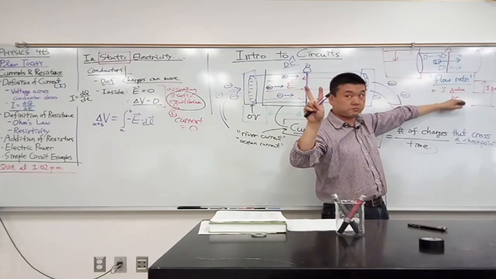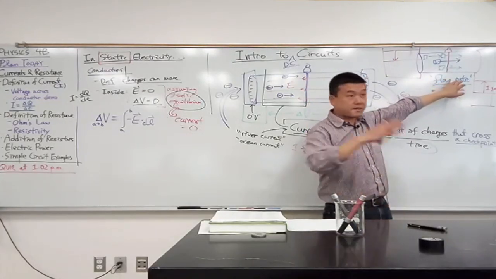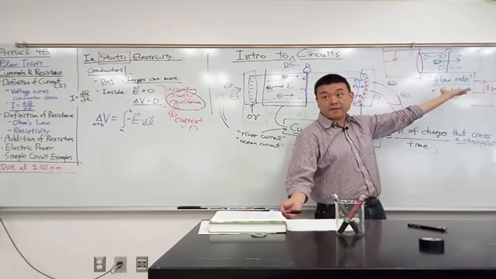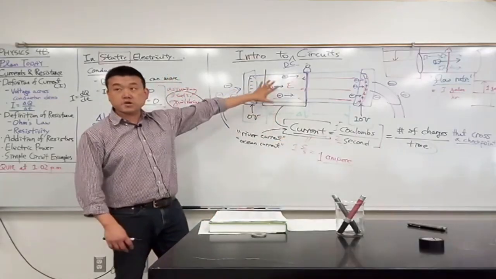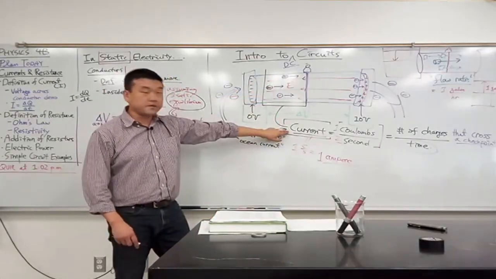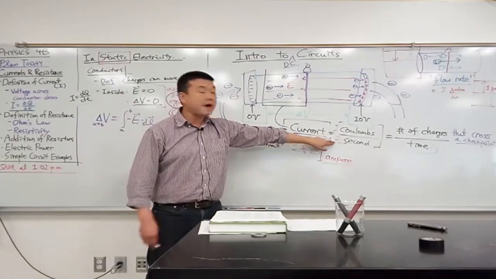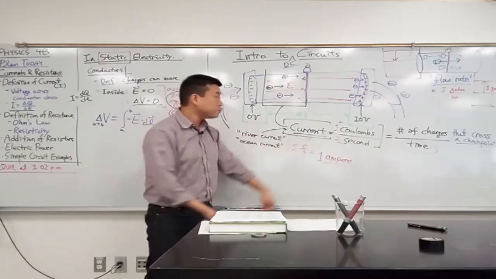Miguel? It's the basic idea of how we define the rate. And if we say that the rate is constant, then it doesn't matter if you measure for 10 hours. So coming back to this picture, we are going to set up the situation so that the current is constant. So if you measure for 2 seconds, how many coulombs do you expect to measure? Miguel? 2 coulombs. Yeah, 2 coulombs.